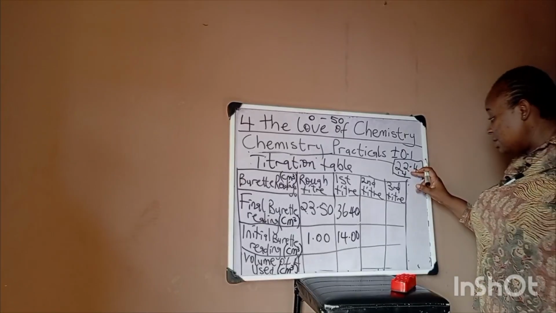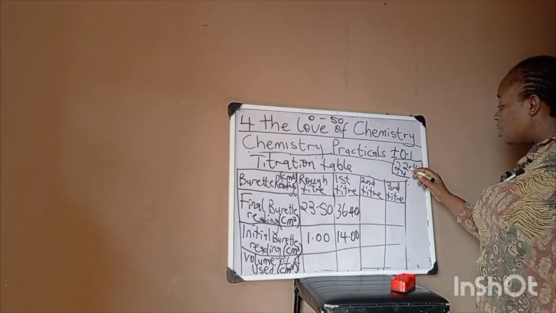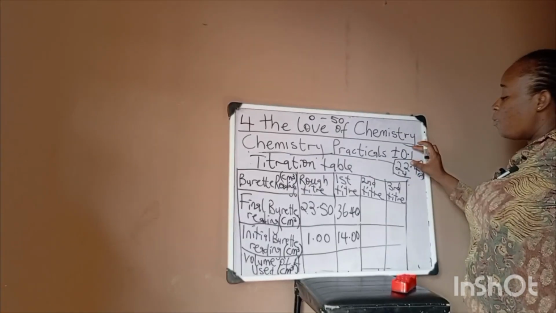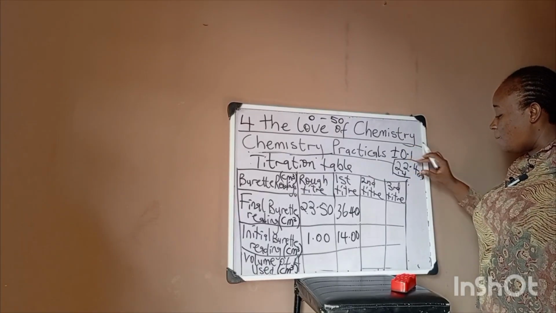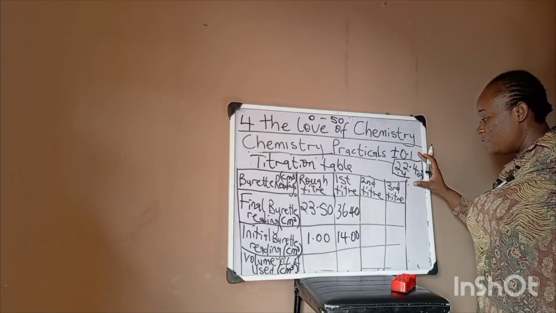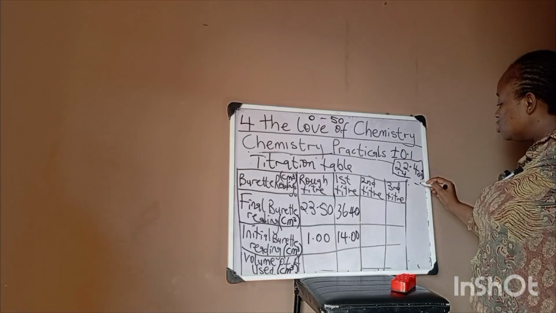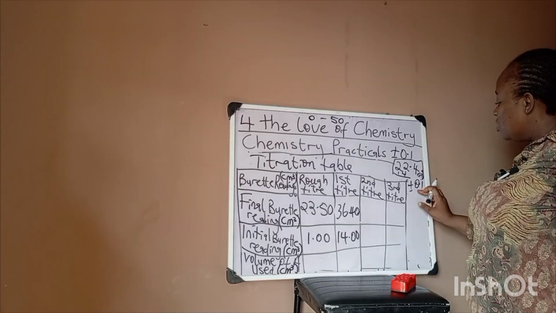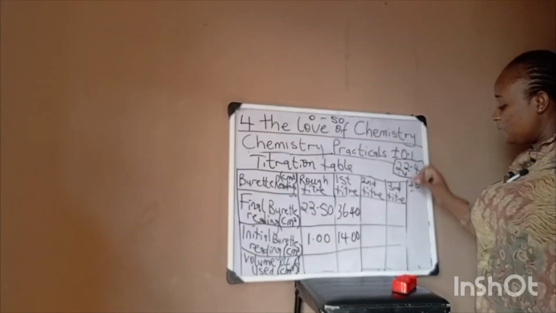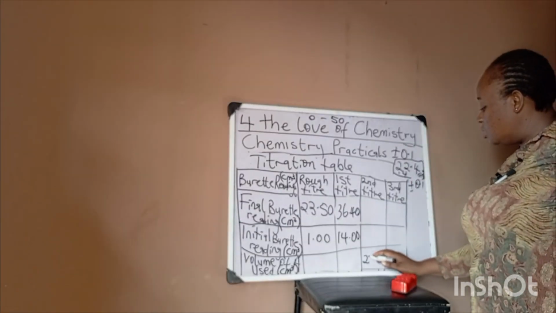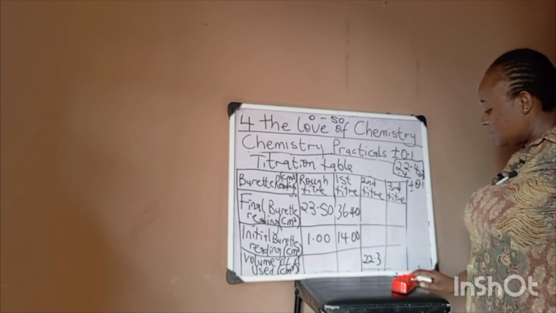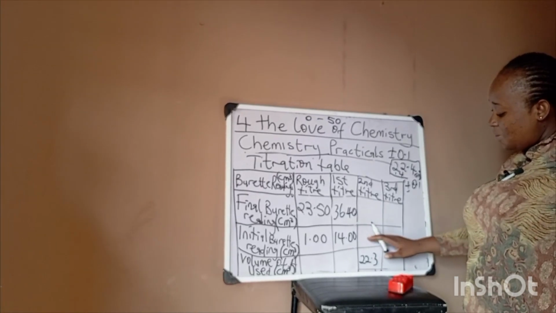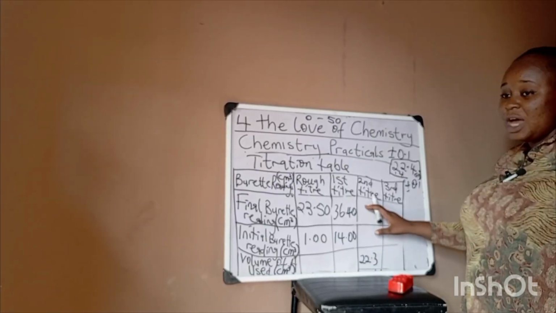Remember it's 22.4, my teacher's titre value. So whatever I'm getting should be in the range of plus or minus 0.1 of 22.4. So if I remove 0.1 from here, I'll have 22.3.